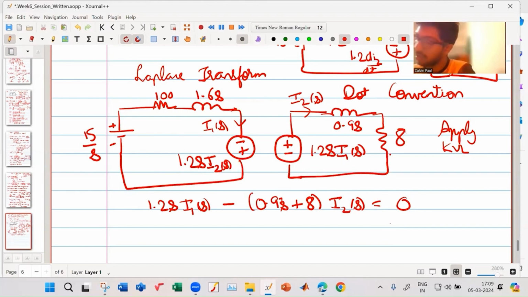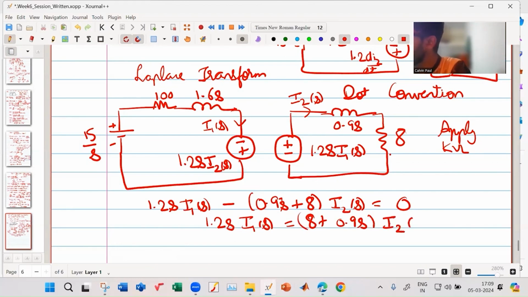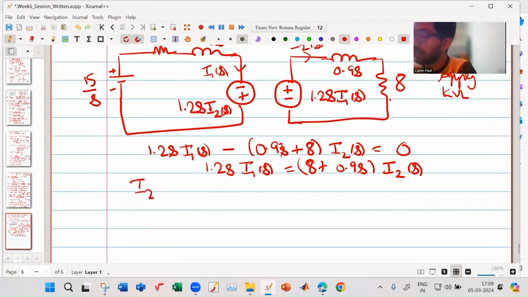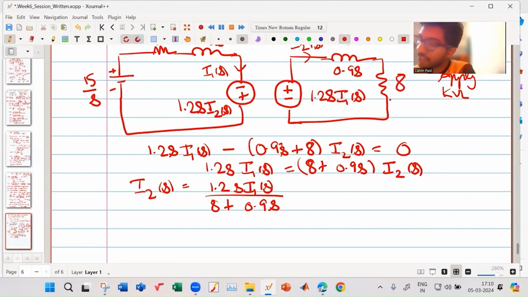So I will write 1.2s into I1 of s is equal to 8 plus 0.9s into I2 of s. So my I2 of s is equal to 1.2s I1 of s upon 8 plus 0.9s. So I wrote I2 of s in terms of I1 of s.